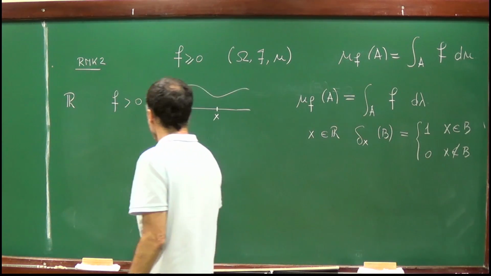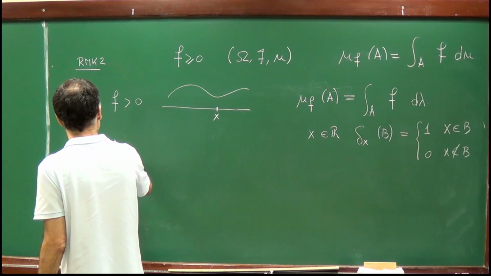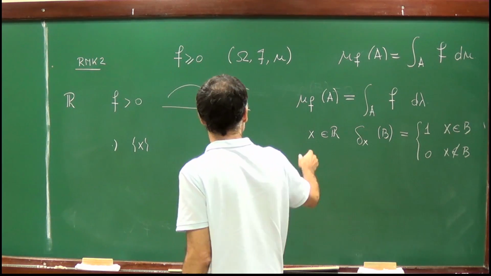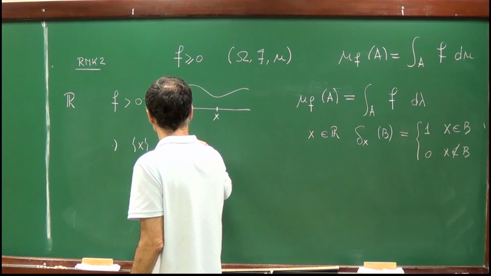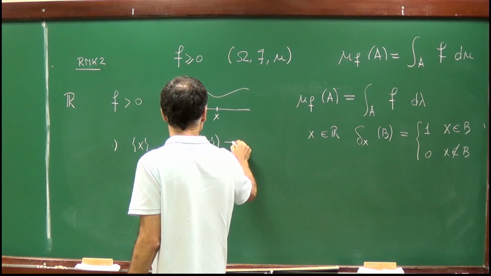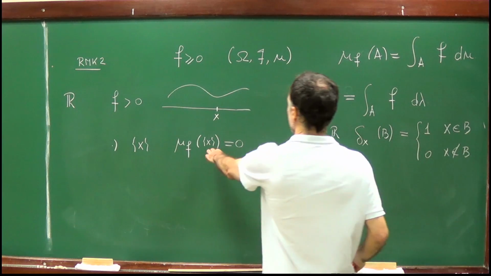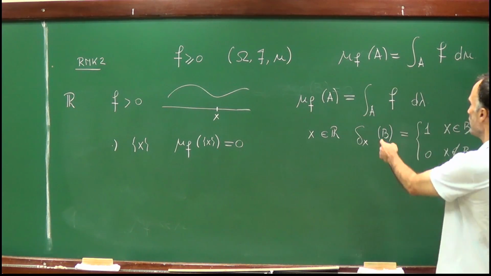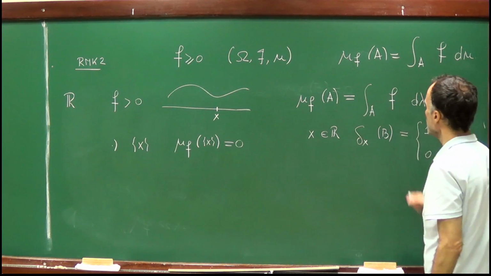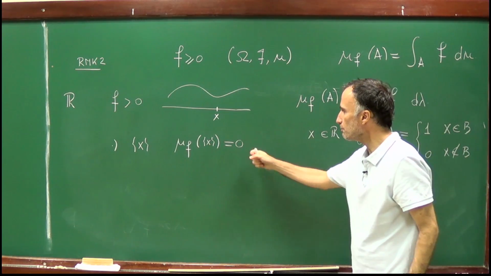So you see, if you take the set {x}, it's clear that mu f of {x} is equal to 0, because the point x has measure equal to 0 with respect to the Lebesgue measure, and therefore this integral is equal to 0.